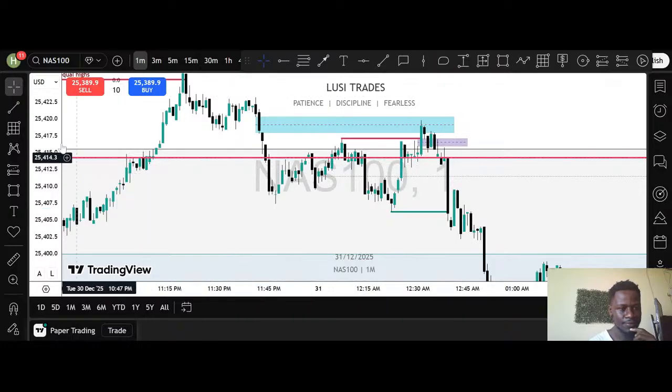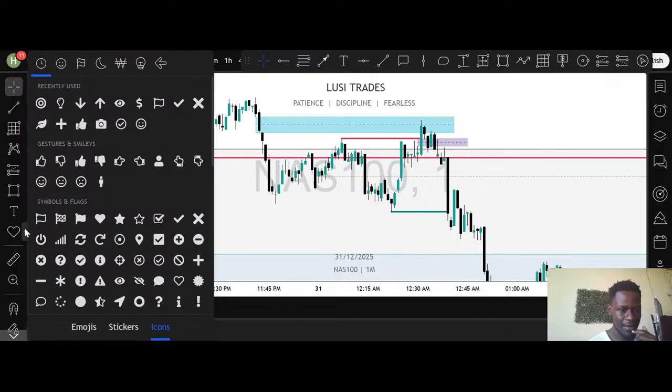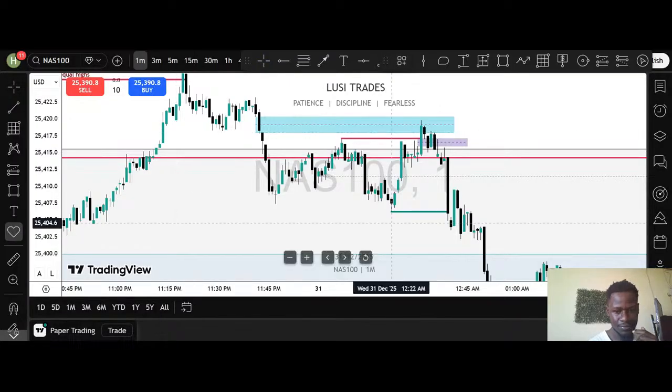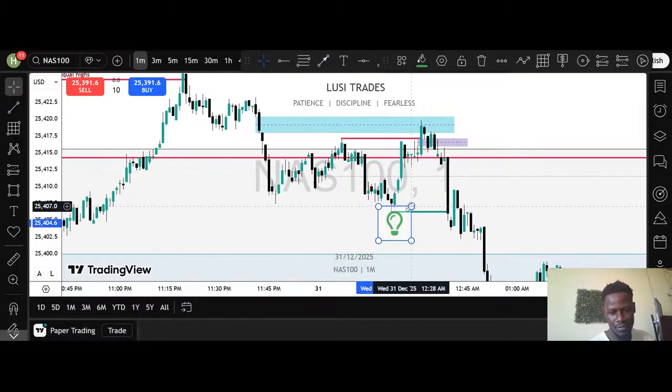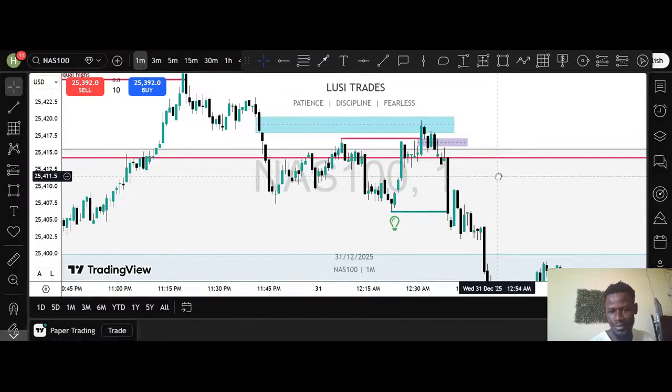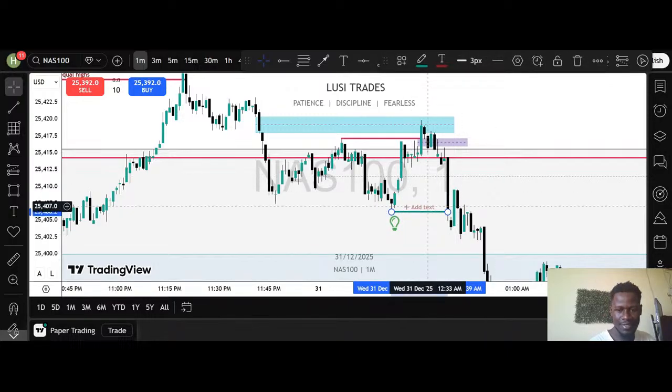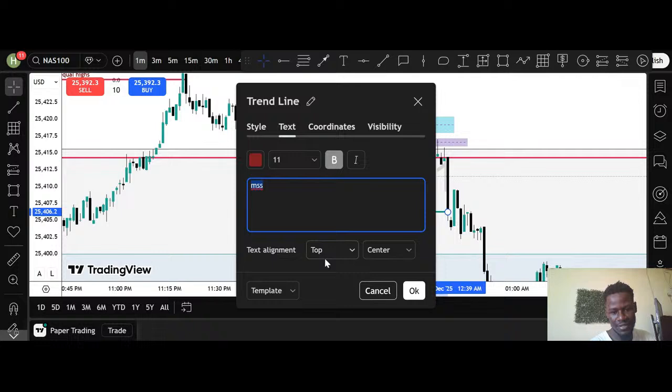So I normally like doing this. Let me put that bulb there. So there's a CISD or market structure shift. I normally like calling it market structure shift.